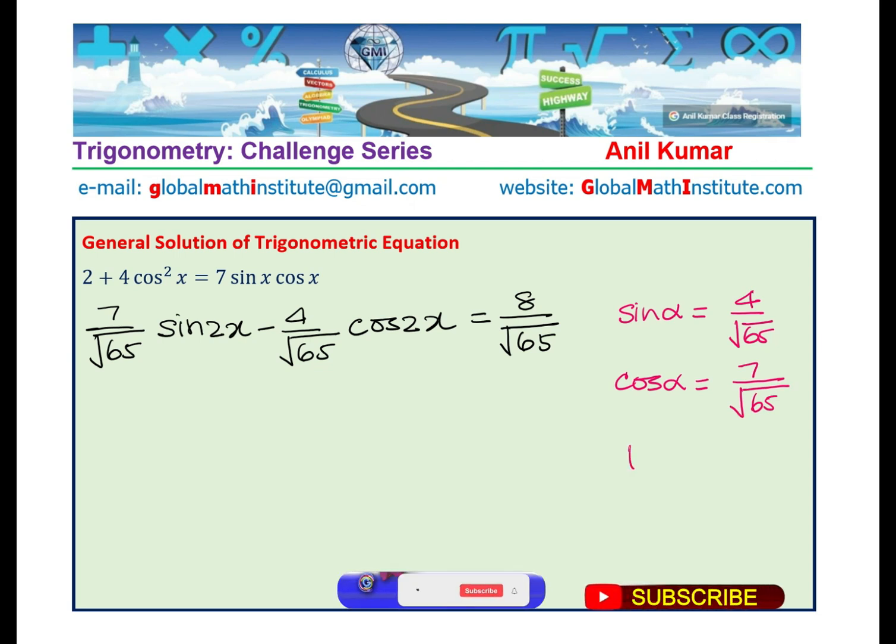In that case, tan alpha will be the ratio of these two, 4 over 7. And alpha is going to be tan inverse of 4 over 7.